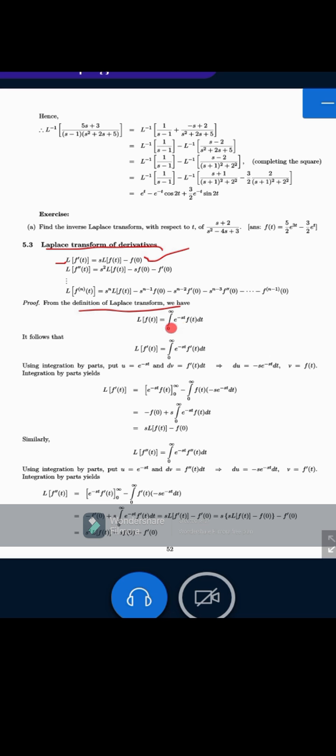Your function that you're transforming, f of t, is here. As you can see, you introduce the integral sign from 0 up to infinity, and then the exponential minus st dt.